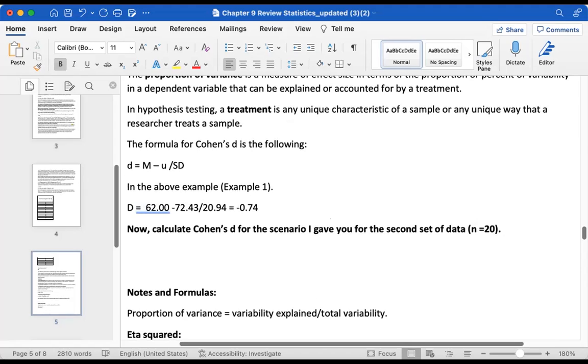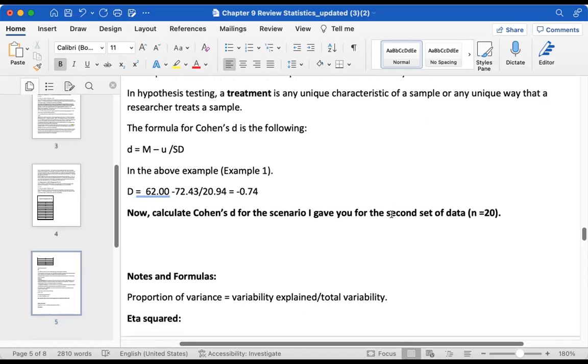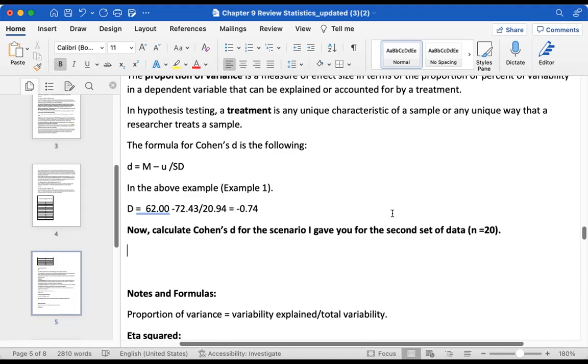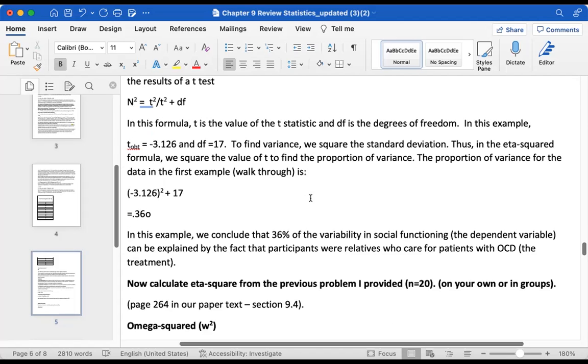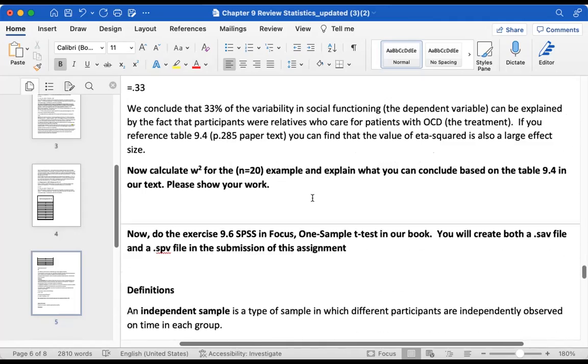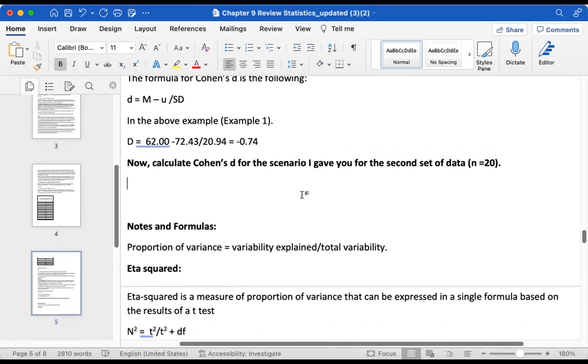Just take a few minutes to do that, and then we'll walk through it. We've got 3 examples and then SPSS. We'll totally get through chapter 9 today, easy.